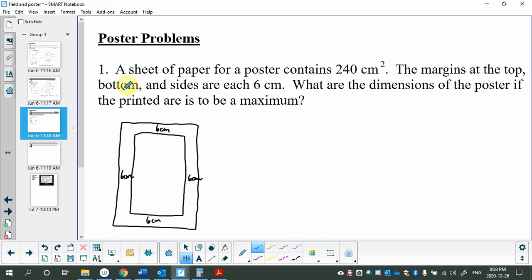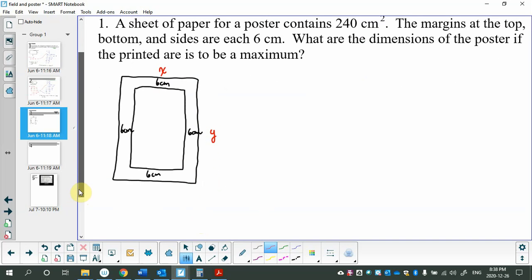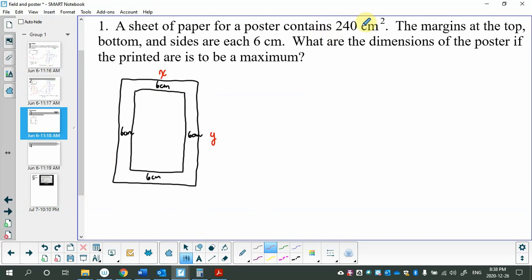So that means this and this, when you do length times width, is equal to 240 centimeters. So my advice is, because you know that information, that you call this and this, the things that make up the 240 centimeters squared, you make that be your X and Y. Because that is an area measurement.